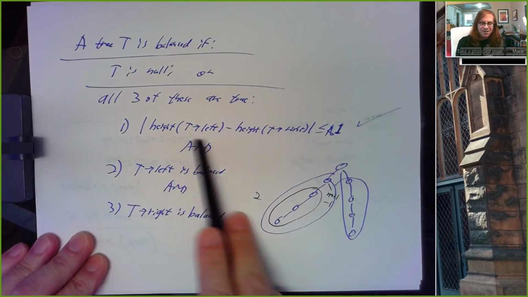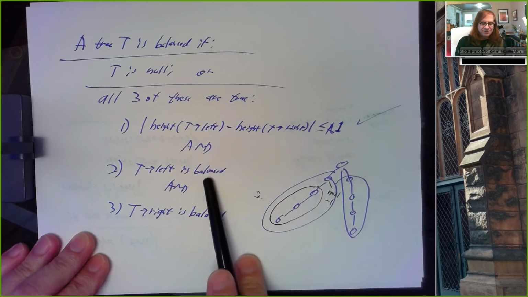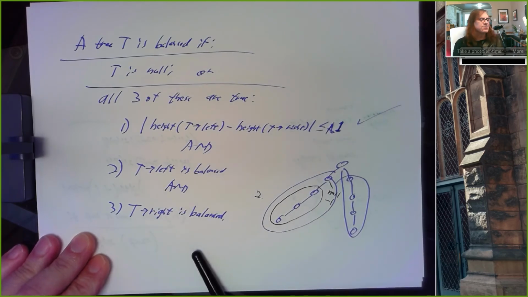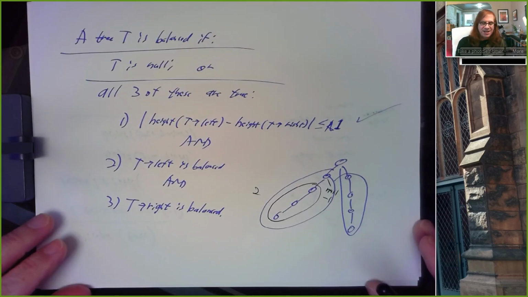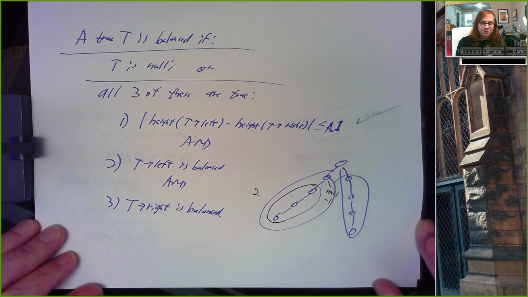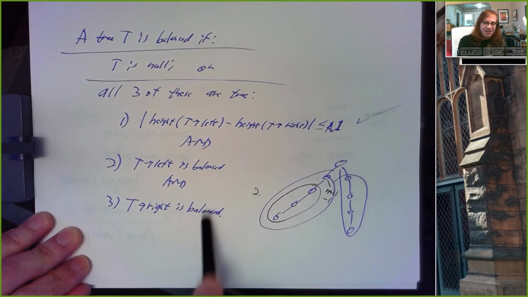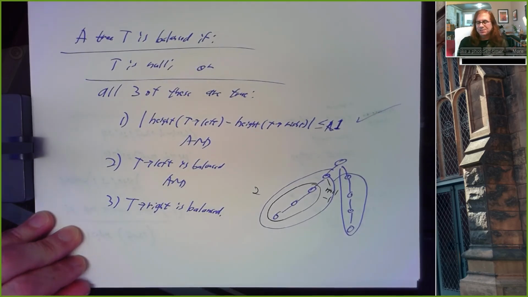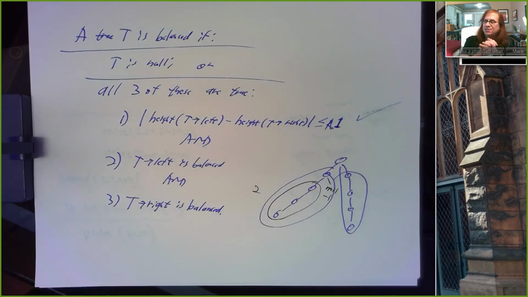The difference in height of the left and right subtrees is less than or equal to 1, and the left tree is balanced and the right tree is balanced. So to write the code for a balanced function that takes a tree and returns 1 or 0, you're going to need to call the balance function on the left and right subtrees. It's a recursive definition. Your implementation will be recursive code.